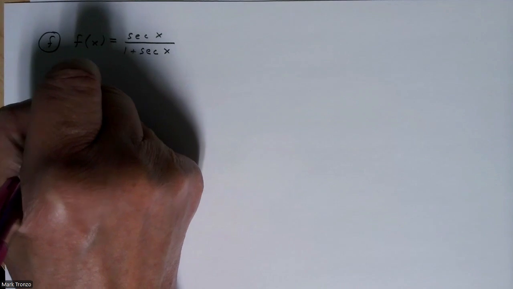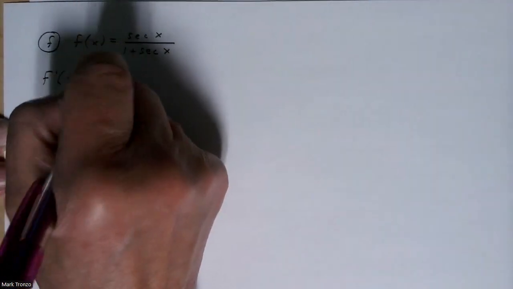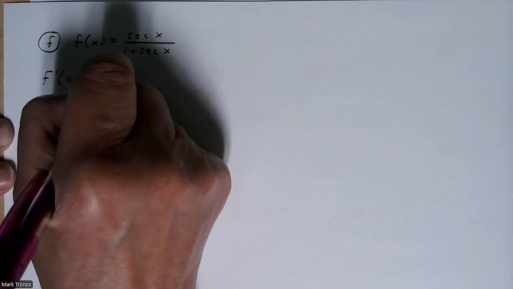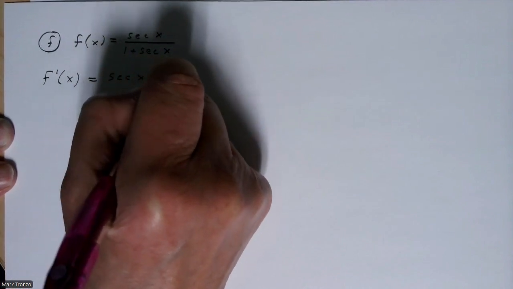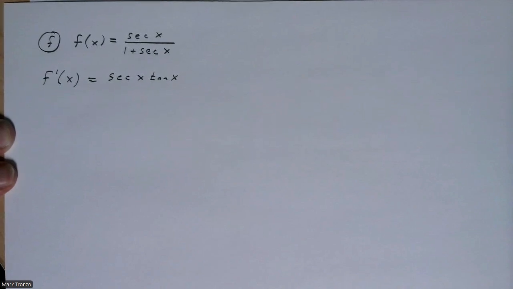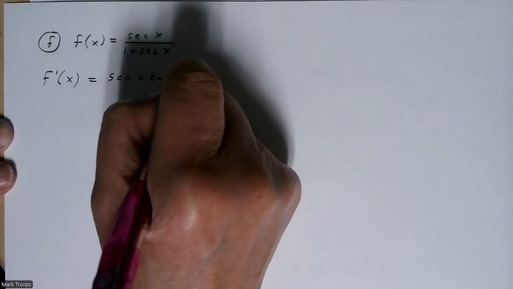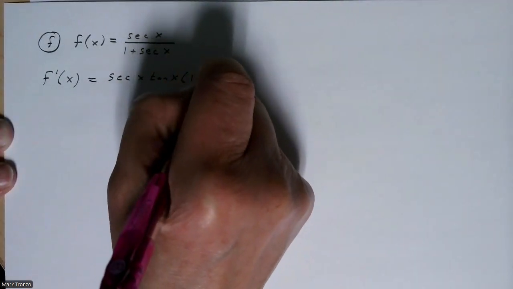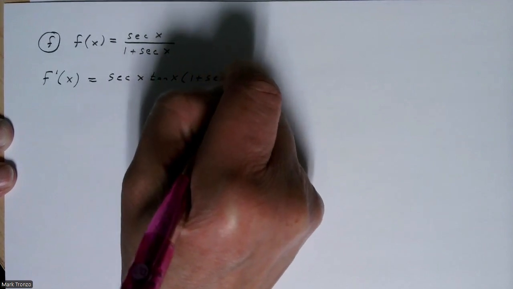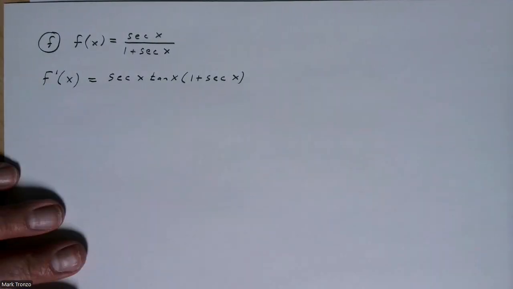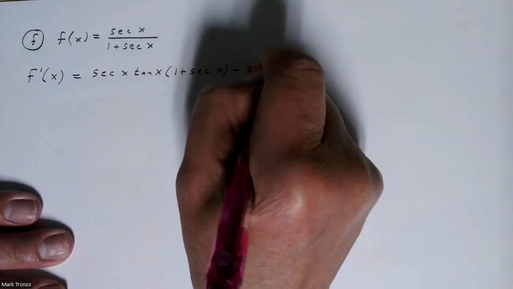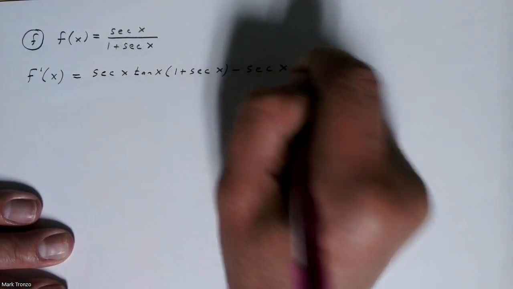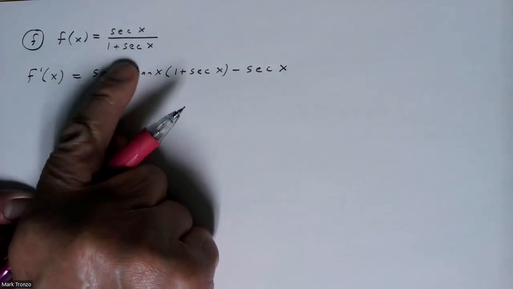So let's do that. The derivative of the numerator is secant times tangent. And that's times the denominator minus the numerator times the derivative of the denominator.